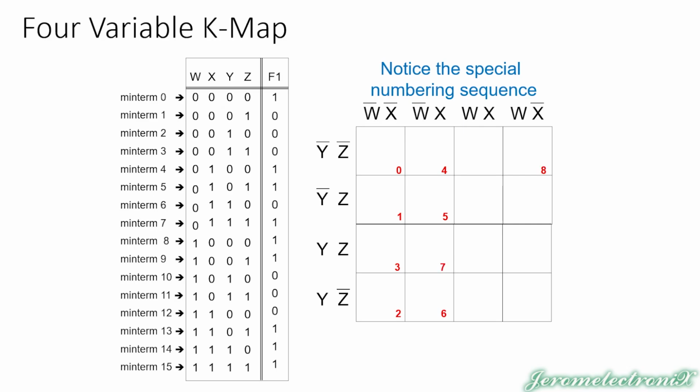Skip an entire column, 8, 9, skip a row, 10, 11, then go back to the column for 12, 13, skip a row, 14, and 15. Sounds confusing, but it's not really that confusing. You just count a sequence, skip a row, and then go back on the third row or the third column.